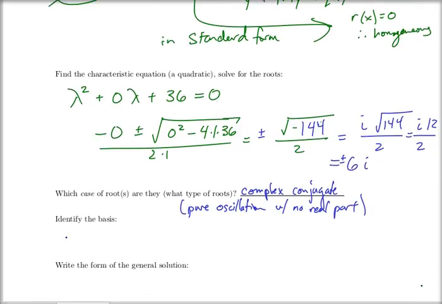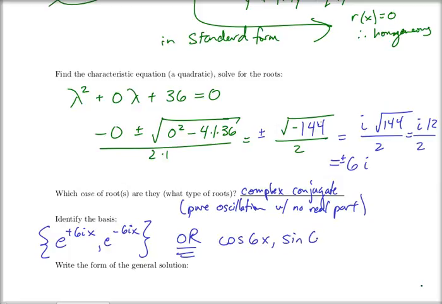Identify the basis, e to the plus 6ix, e to the minus 6ix. That is a basis, or we really want to use cosine 6x and sine 6x as a basis. And by Euler, that's how we do that transformation.